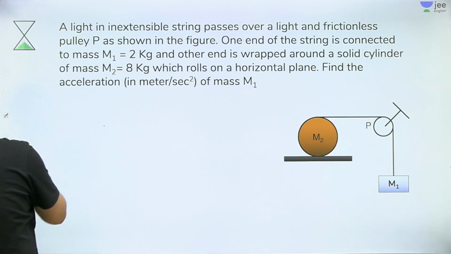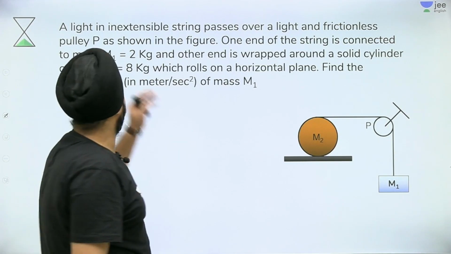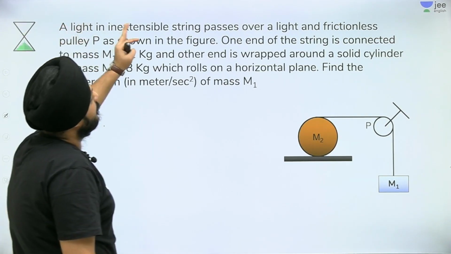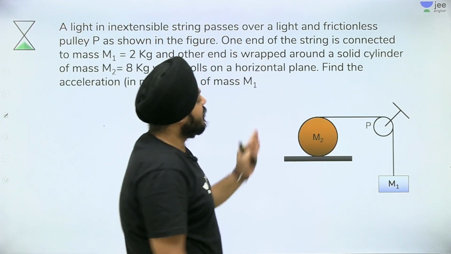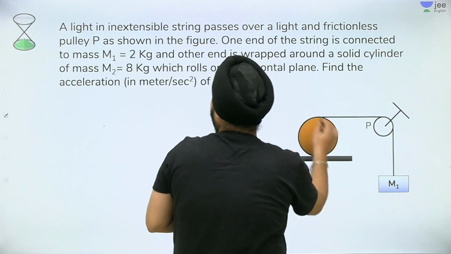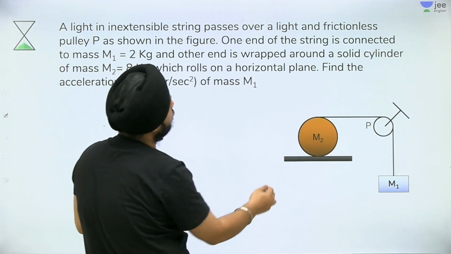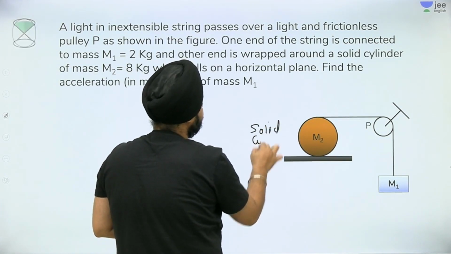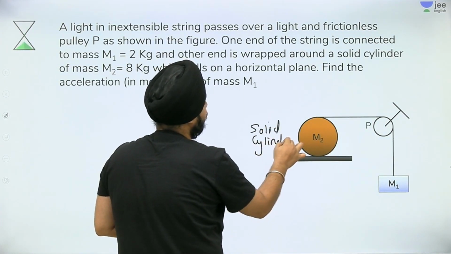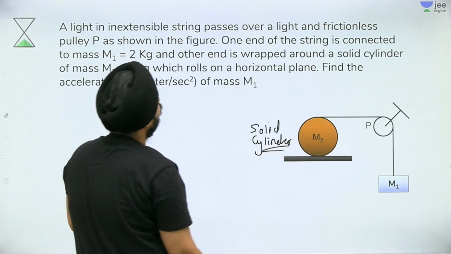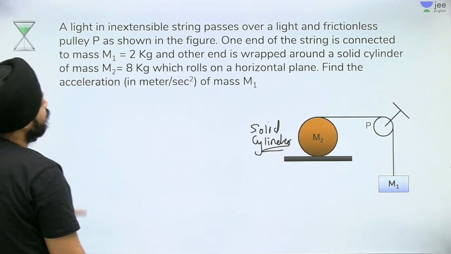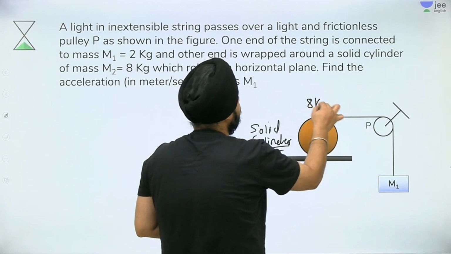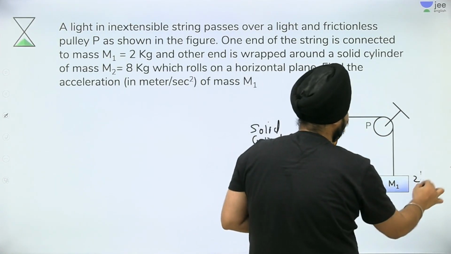A very nice sum is coming in front. Let us see. A light inextensible string passes over this. This is a system, and this is the solid cylinder. M2 is given as 8 kg mass, and this one is given as 2 kg mass.